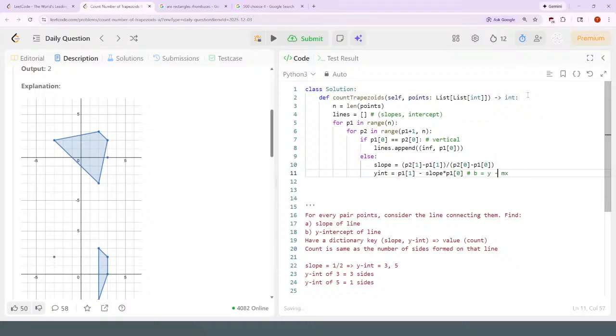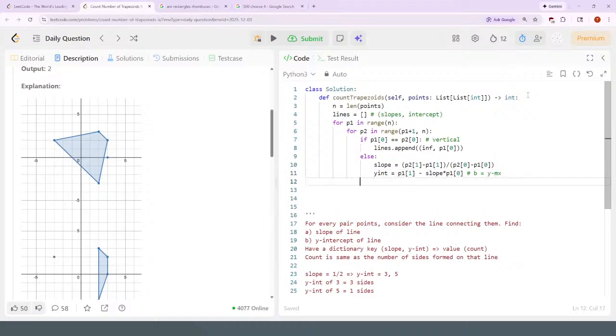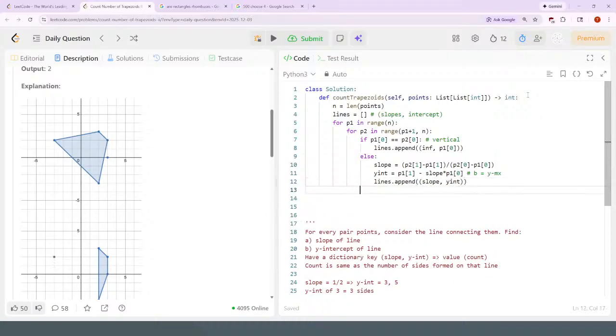Where y equals mx plus b. And then lines append slope, y-intercept. So just print this out.